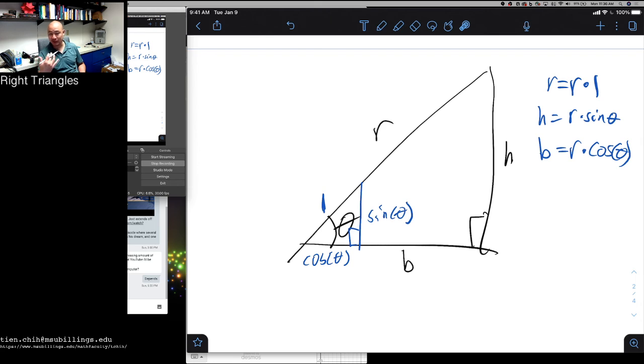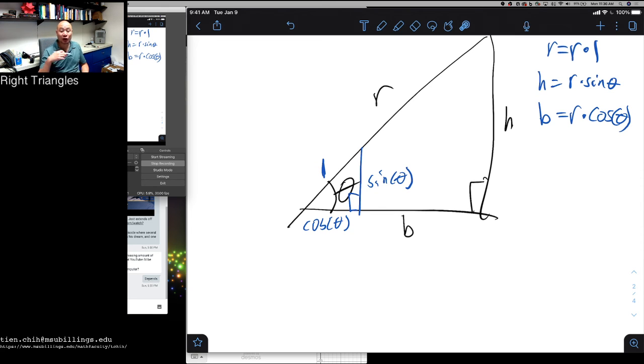Everything just scales up by r. And so this gives you an alternative way of computing sine and cosine without even having to consider the unit triangle at all.